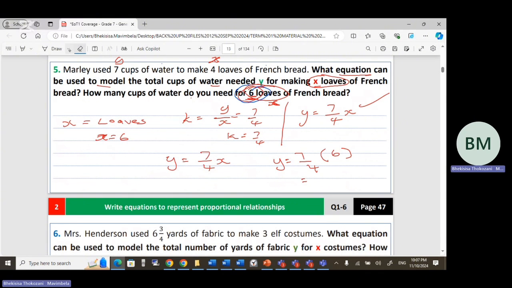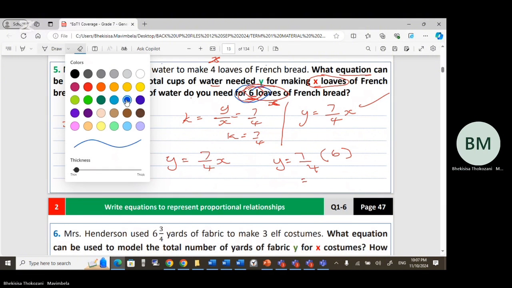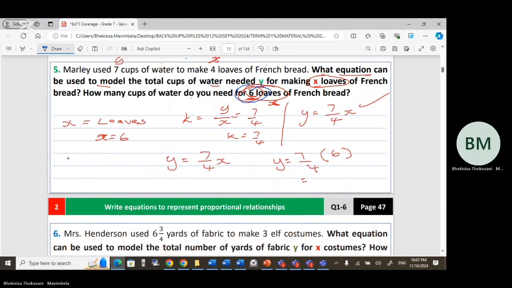So we have 7. I'm going to expand 6. I'm going to say 3, yeah, times 3. And 7 times 3 will give us 21 plus another 21. So this will give us 42, right?